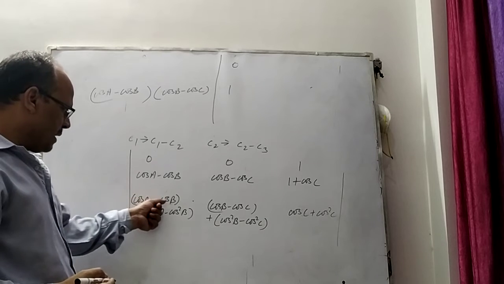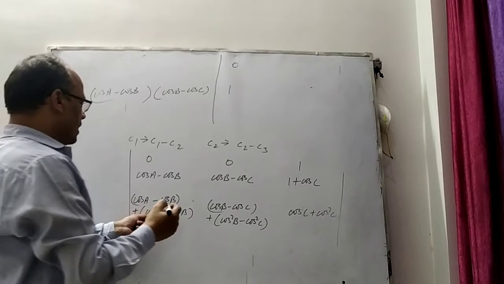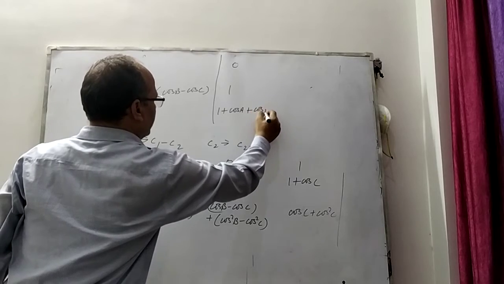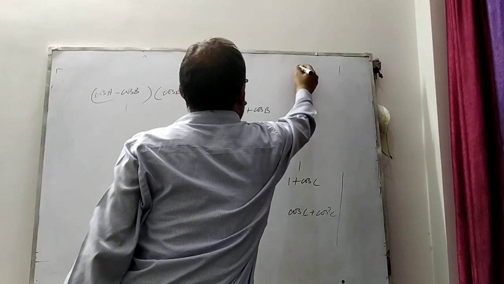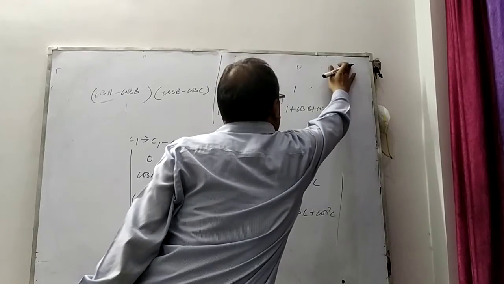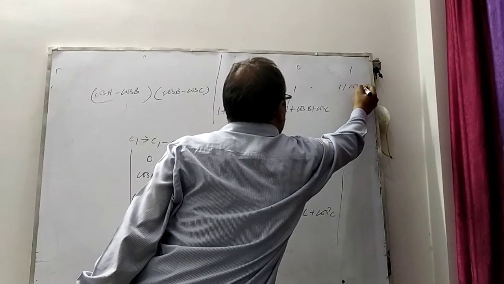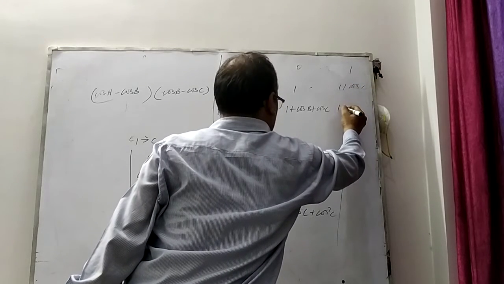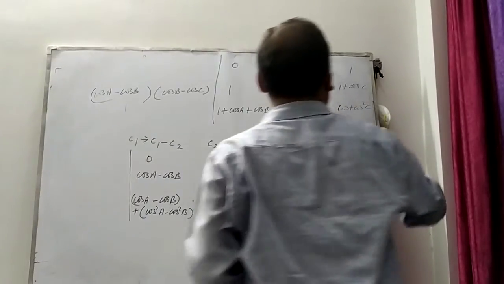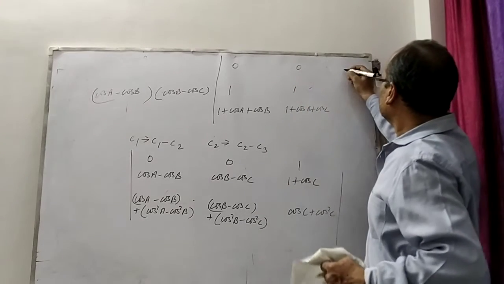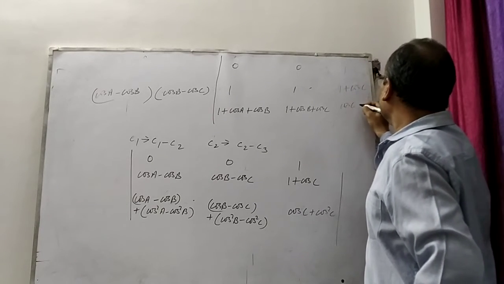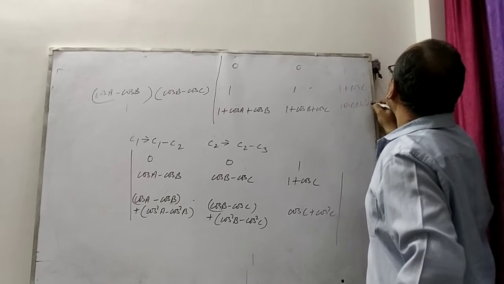Now from here, cos A minus cos B will be common, and this also. What remains here: 1 plus cos A plus cos B. Here 0, 1 plus cos B plus cos C. Here it will be 1 plus cos C plus cos square C.